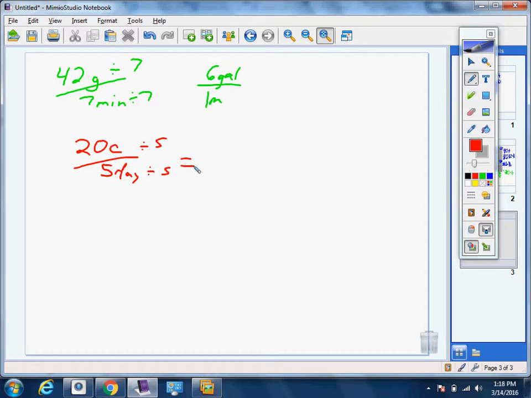If you divide it by 4, it's going to be 1 point something. You want that to come out to be 1 day. 20 divided by 5 is 4, so 4 cups in 1 day is what evaporated. Oh, so I did it right, but I just had it upside down. Well, you have to flip it, and then you have to divide both top and bottom by the same number, by 5. Question.